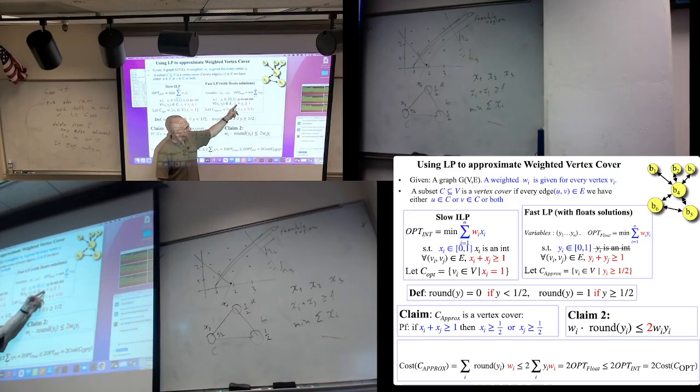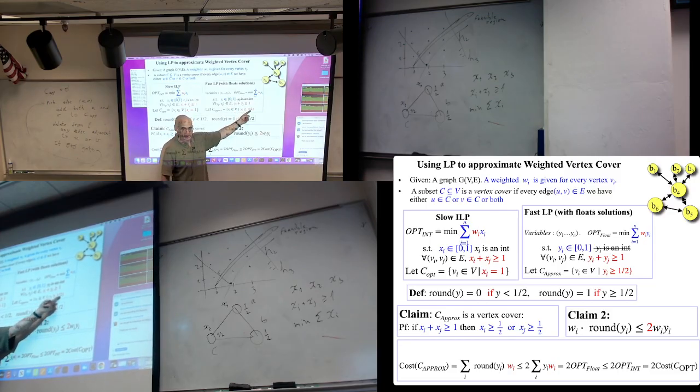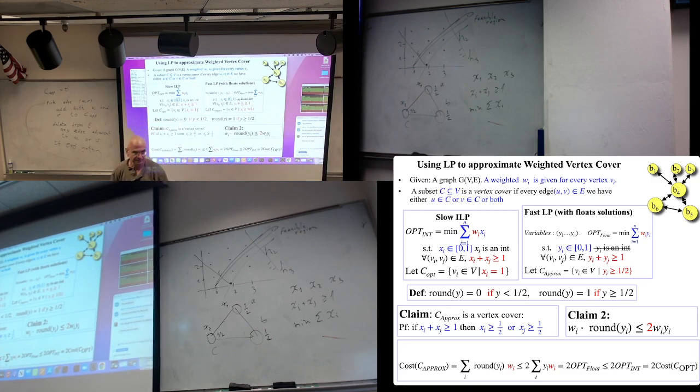For every edge, yi plus yj should be at least 1. And how do I define C approx? It will be all the vertices for which their variables are half or more. If for some vi, its yi is smaller than half, I don't use this vertex.